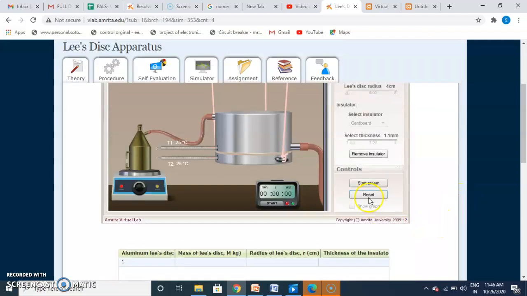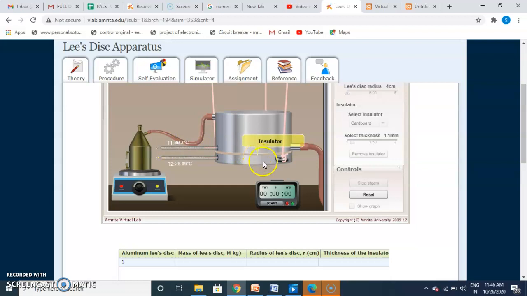Now I'm going to start the steam. The steam generator will generate the steam, and it will pass through this and go to the steam chamber, so that the temperature will get raised.